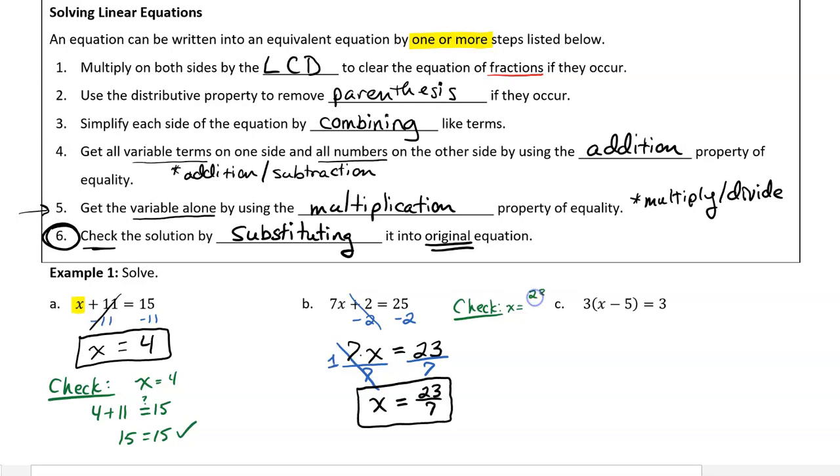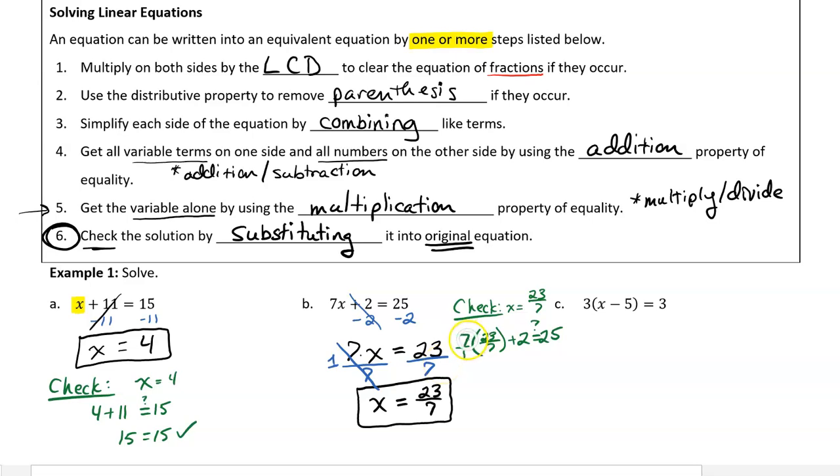So I'm making sure that 23 over 7 makes this original equation true. So if I do 7 times 23 over 7 plus 2, does that equal 25? Well, looking at my left side, that's where my order of operations comes in. I'm going to multiply these values first. I'm going to think of this as 7 over 1, because if I multiply fractions, I multiply straight across.